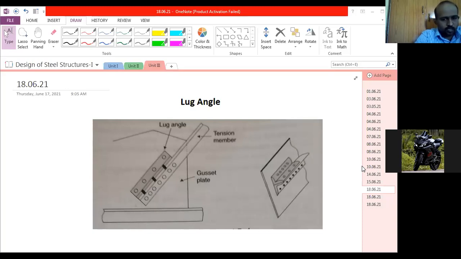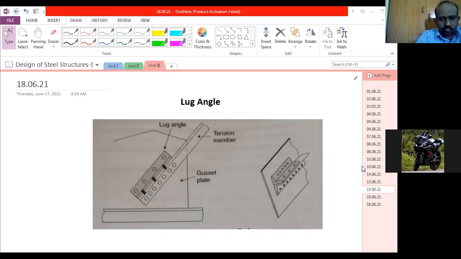If checks are okay, or greater than the design load, we can say that our design is safe. If yielding capacity, rupture, or block shear, if any criterion is less than the design load, then we have to redesign the member, and we have to select a higher section.